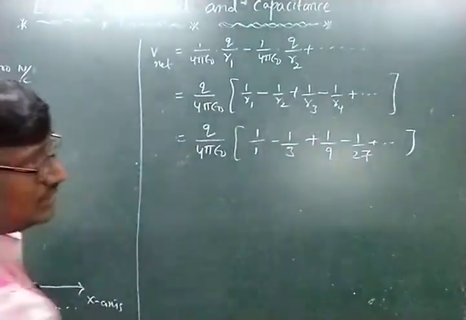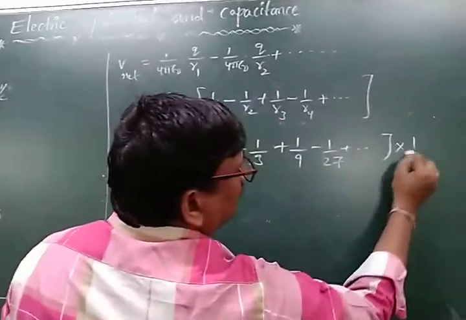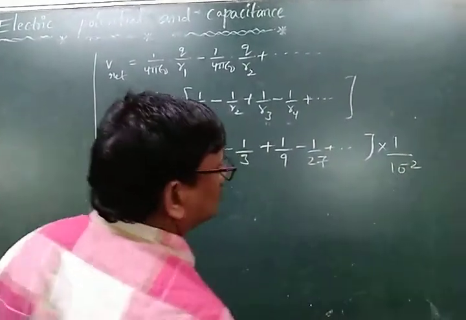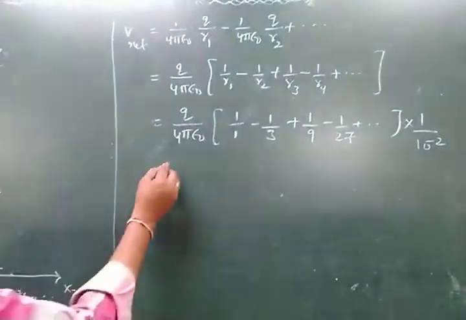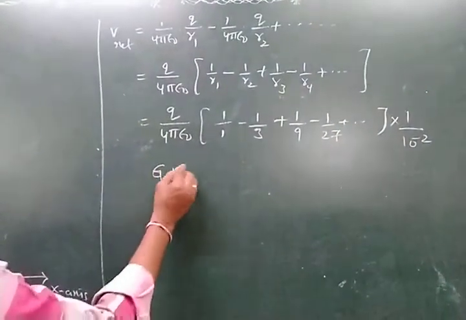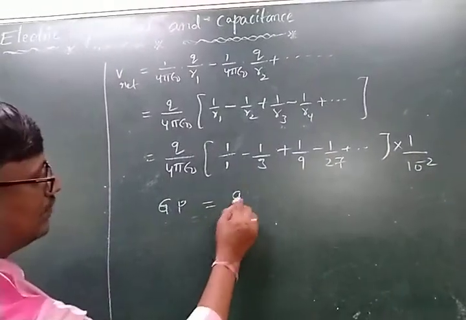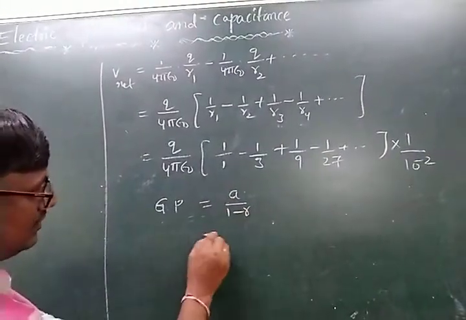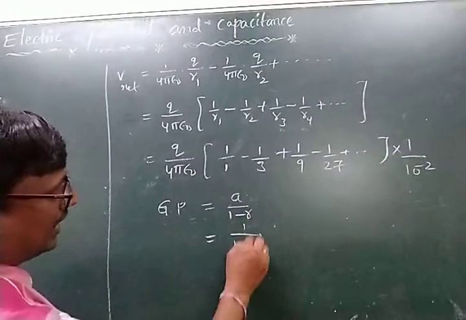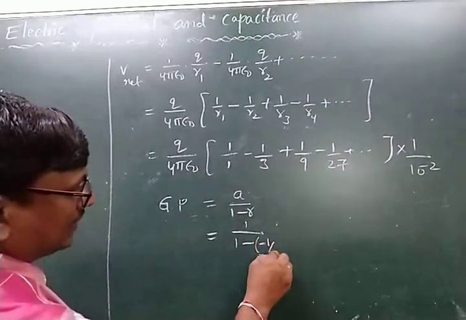Here the centimeter is converted to meter, into 1 by 10 power of minus 2 meters. Write the GP, the geometric progression sum, which is equal to A by 1 minus R. Here A is equal to 1 and R is equal to minus 1 by 3.